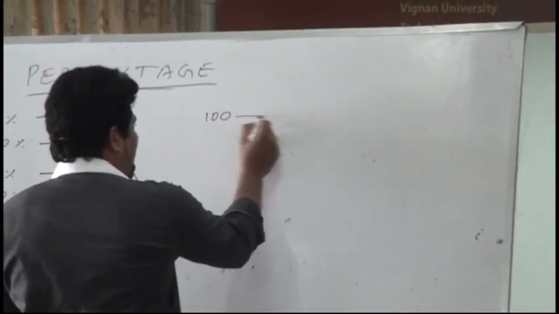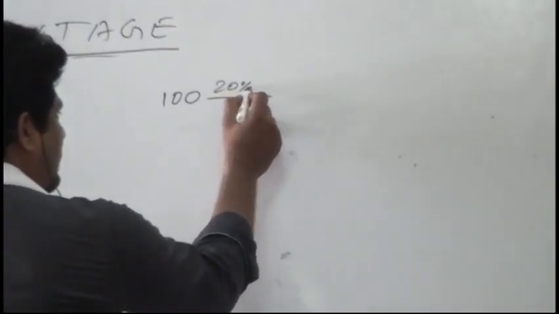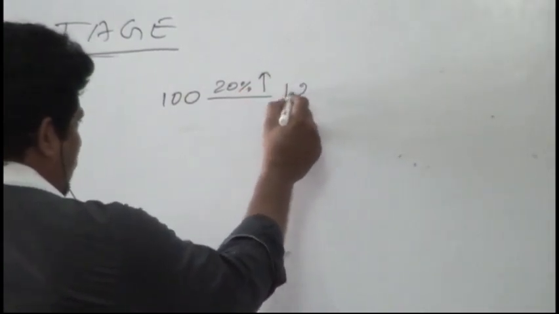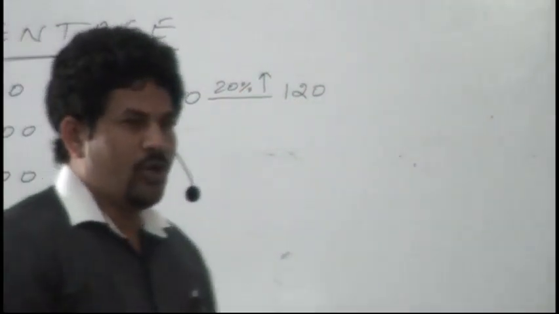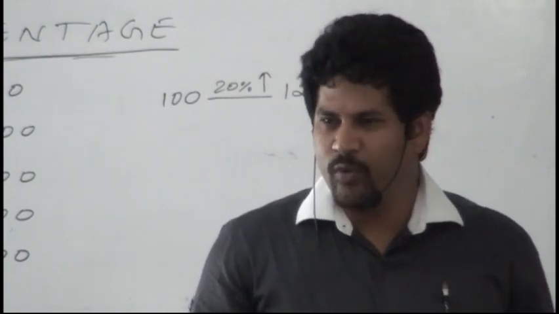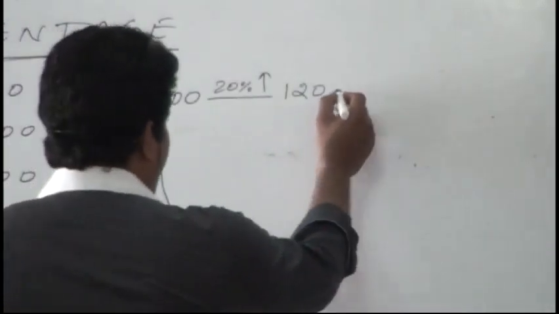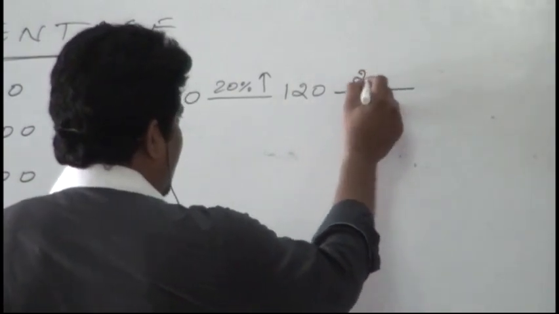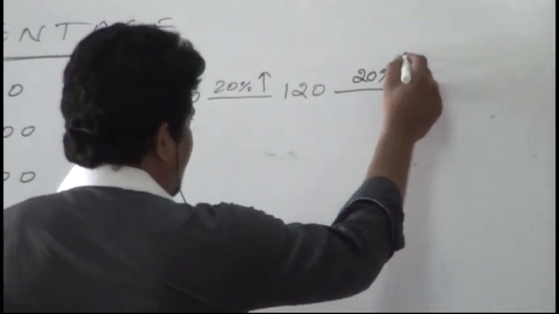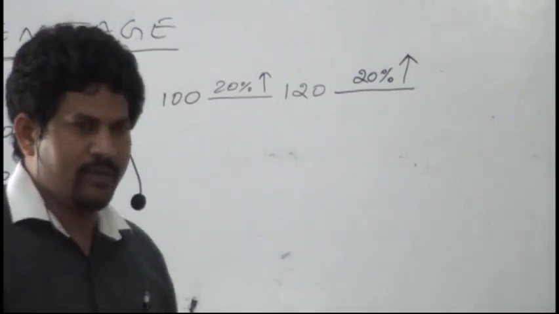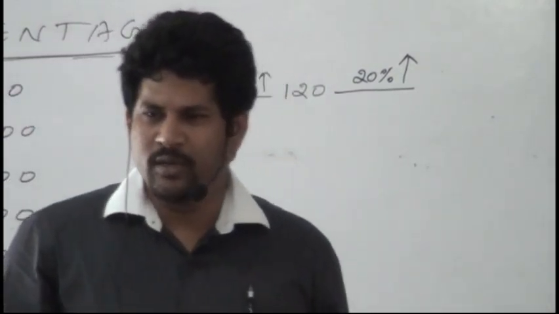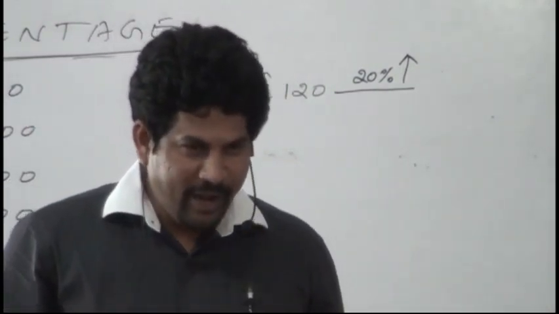Its height increases by 20%. So new height 120. So after 1 year, its height would be 120 centimeters. Now 1 more year, what happens? Another 20% increase in its height. So new height is 140, right?